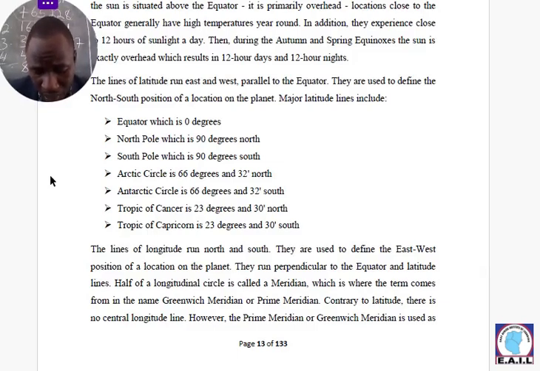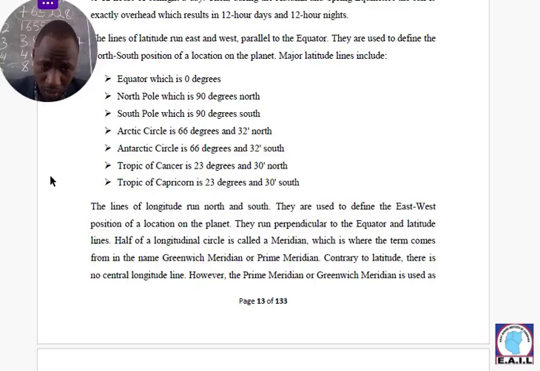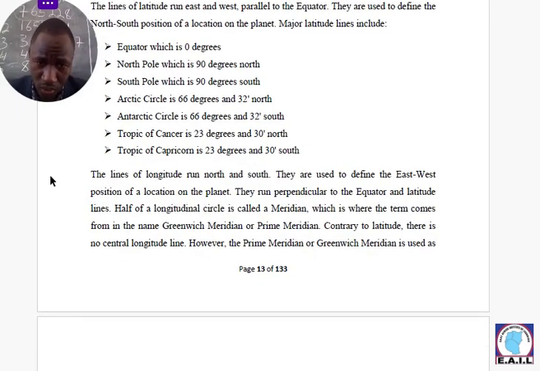Those are what we call longitudinal lines. However, somebody can also say it is the prime meridian or the Greenwich meridian.